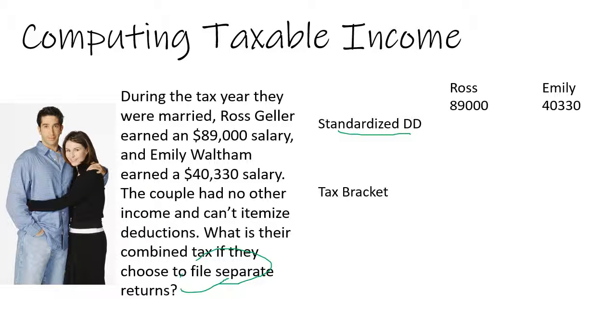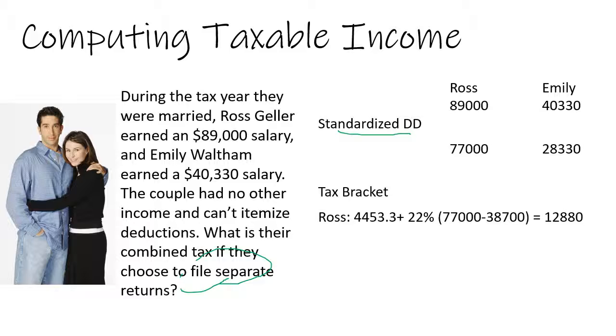So if Ross makes $89,000 and Emily makes just over $40,000, and they file separate returns, they're both entitled to a deduction of $12,000. This leaves Ross with an AGI of $77,000 and Emily with an AGI of $28,330.